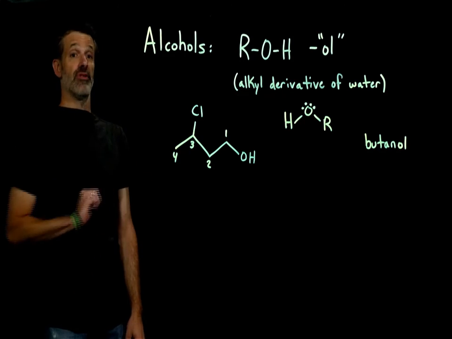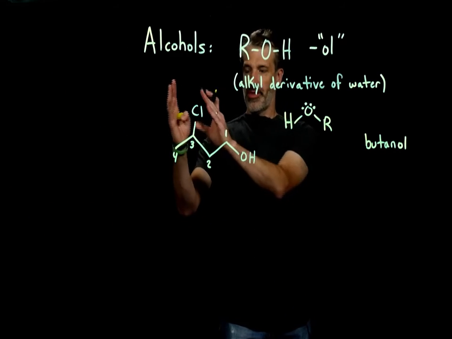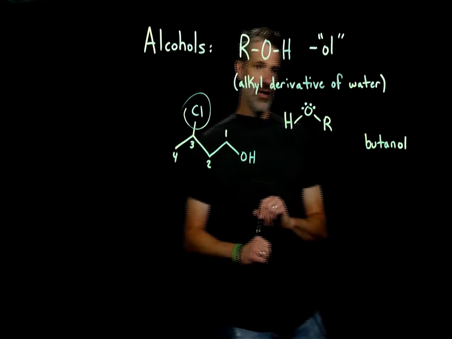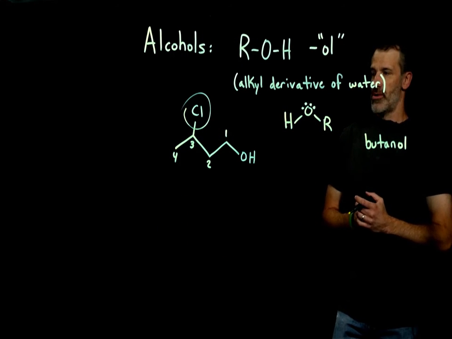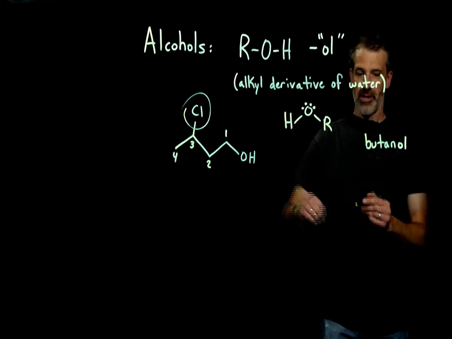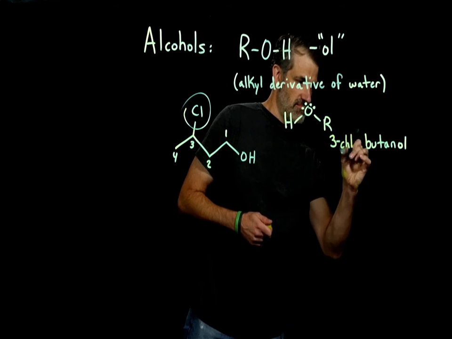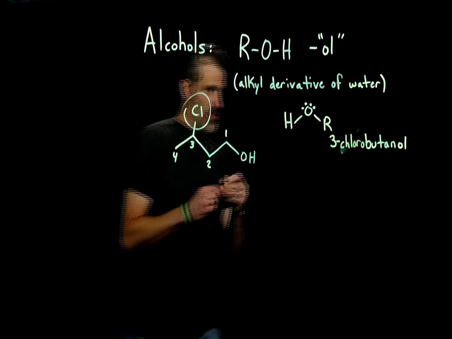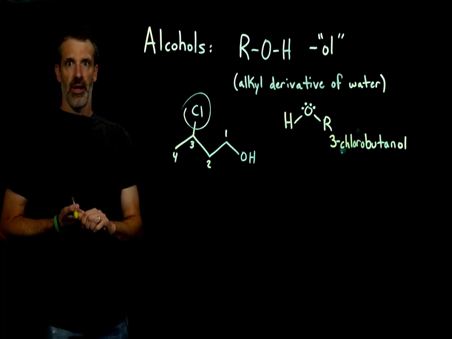Say, for example, carbon 2. So we can continue with the substituents. I've got a chloro group coming off of carbon number 3. So 3-chlorobutanol would be the appropriate name for this alcohol group.